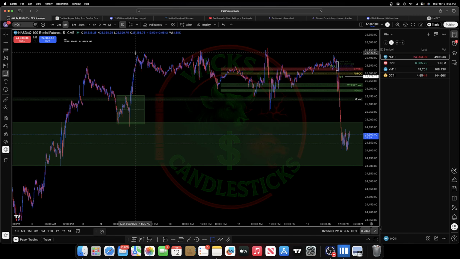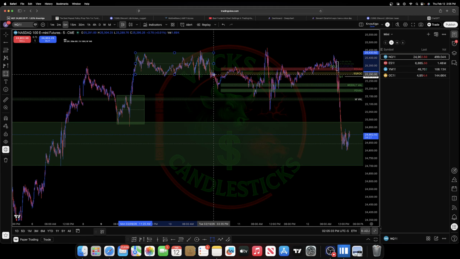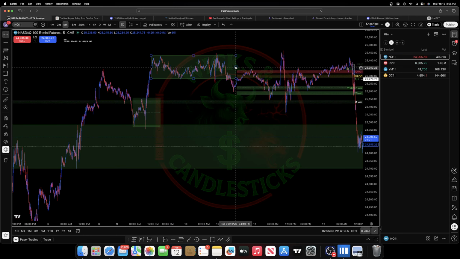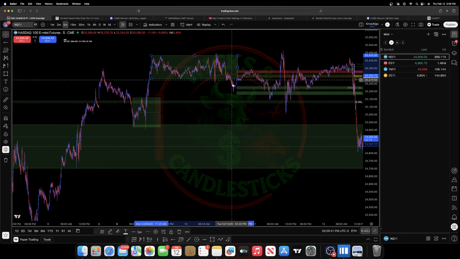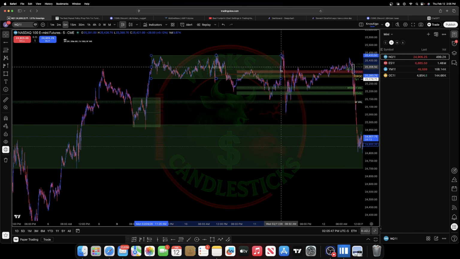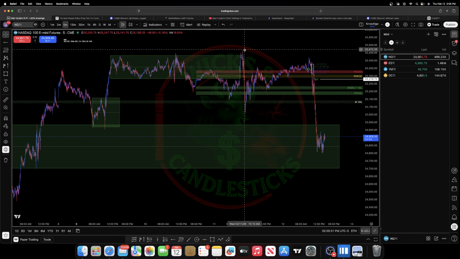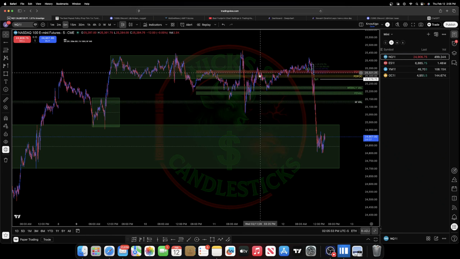This is all balance with all this. It did a very small imbalance, but what did it do? Come back into balance. So you can call all this right here a balanced market, it went imbalance, came back up to balance.